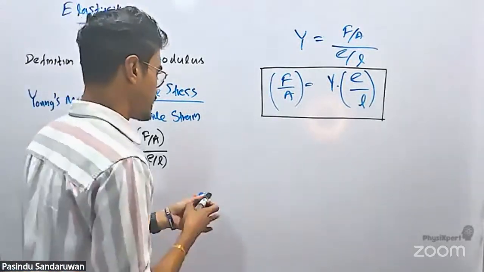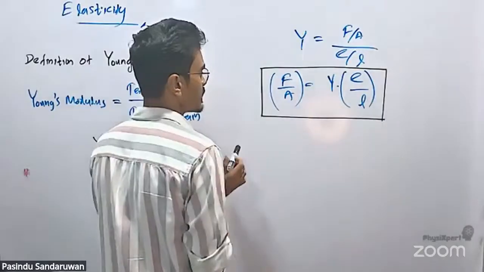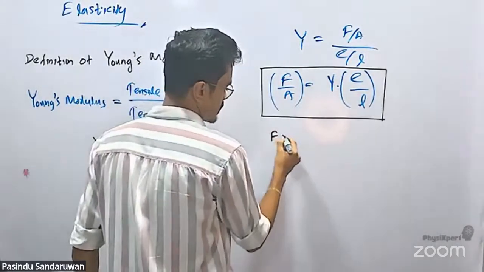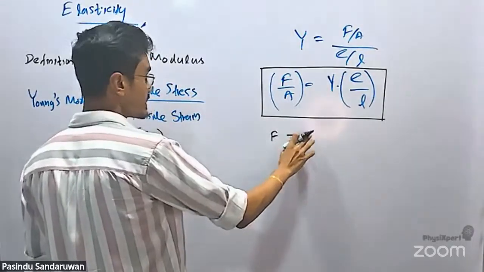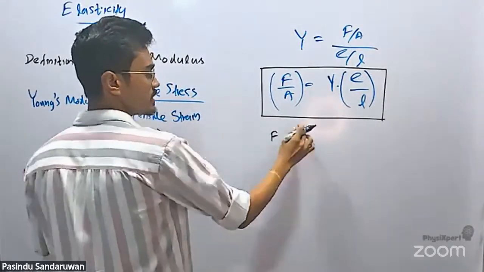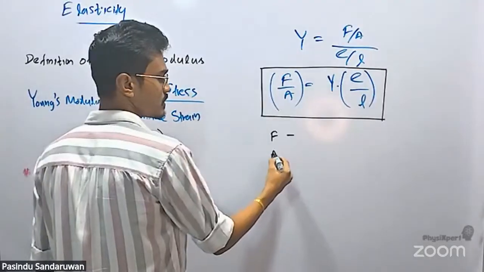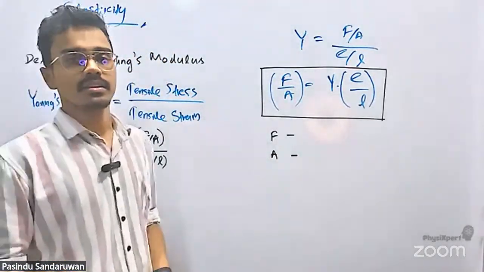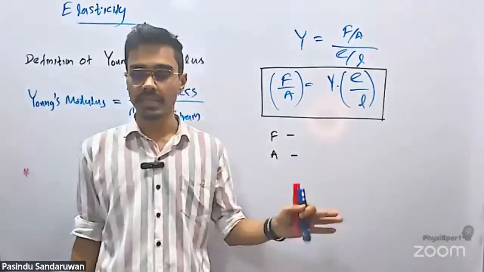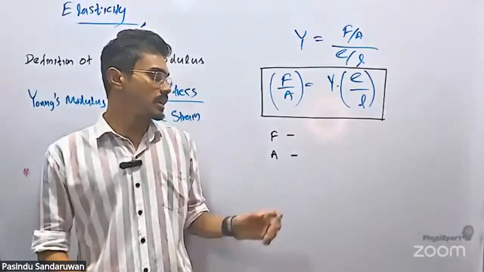So let's define and introduce terms. F, that is not just a force, that is tensile force. A, no marks if you say area, that is perpendicular area. F, tensile force.